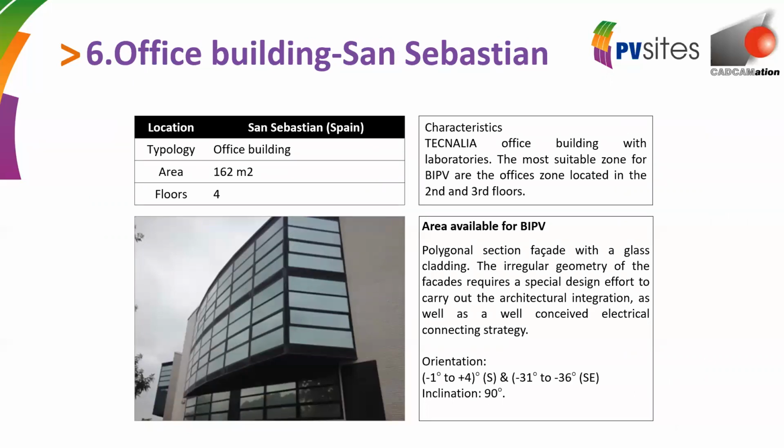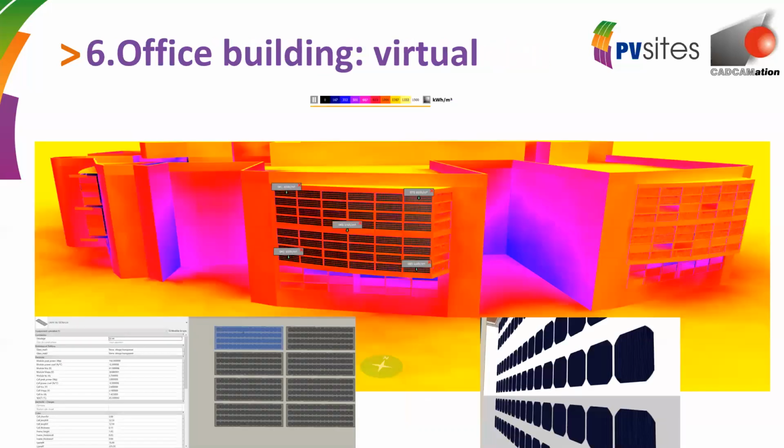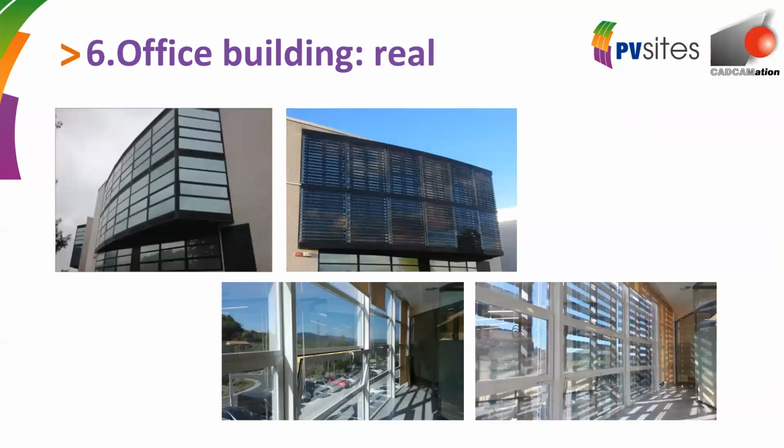The last model is the office building for Tecnalia, with 2 facades and a new object, the X6 object, semi-transparent, for transparent glass from Onyx Solar. So you can see the rendering and the virtual family in Revit, and the final result.